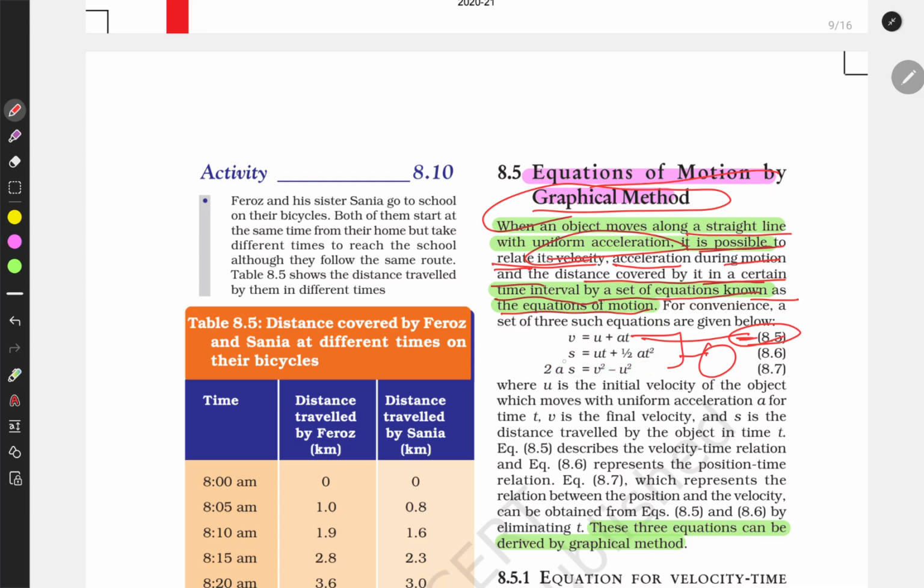Second is s equal to ut plus half at square. This is from figure 8.3, the velocity-time graph, and this is 2as equal to v square minus u square. Here s is the distance, v is the final velocity, u is the initial velocity, a is the acceleration, and t is the time.